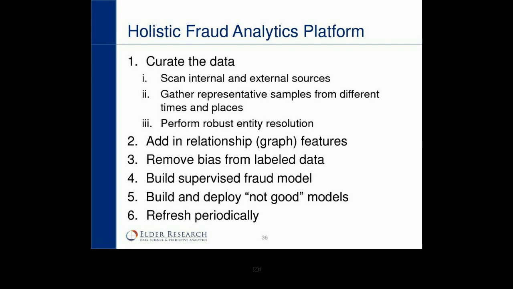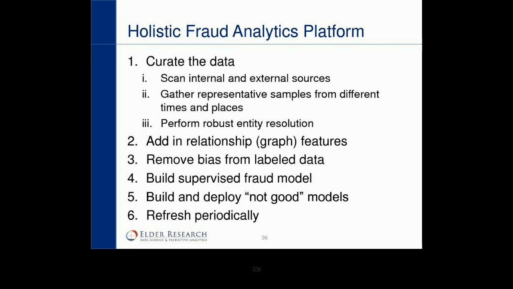It's something where when you come back to download these slides later, and I know you will, this is the one I would go to first, in all honesty, because this sort of lays out, again, the whole idea. The notion of curating the data, making sure we have the data from both internal and external sources provided correctly. Gathering samples from different times, different places, looking at entity resolution. We didn't really talk too much about entity resolution here. We didn't have time.